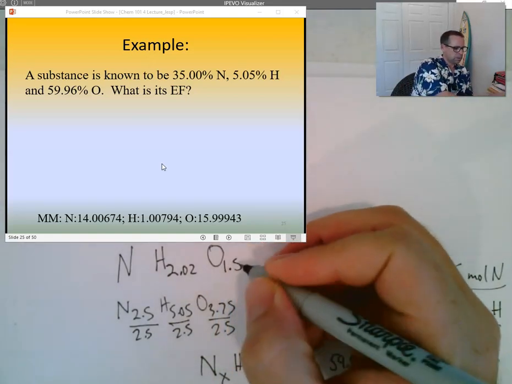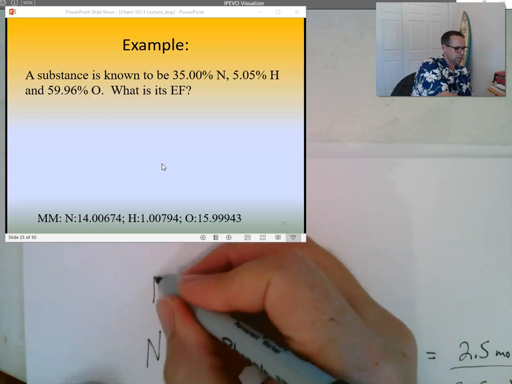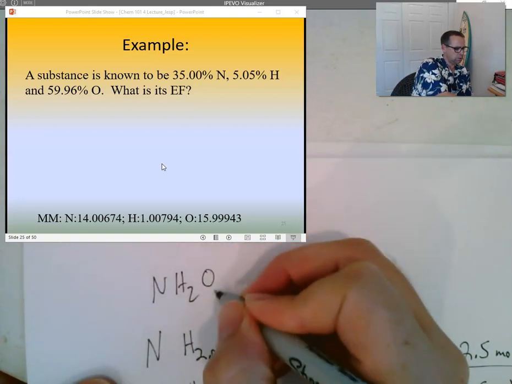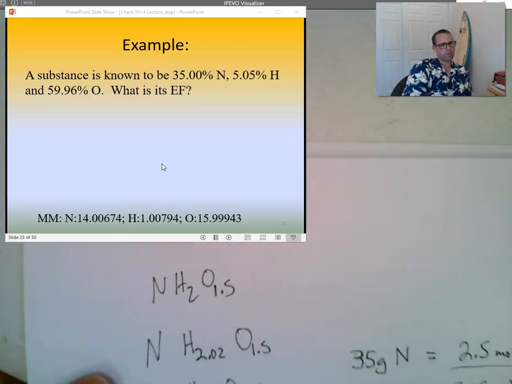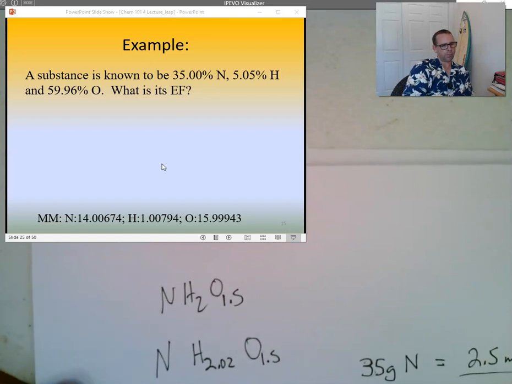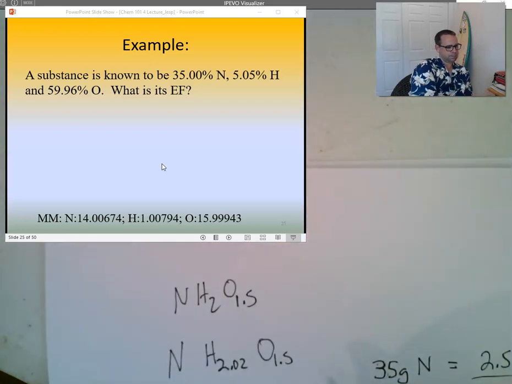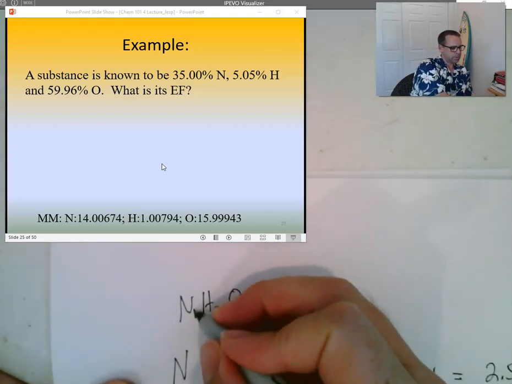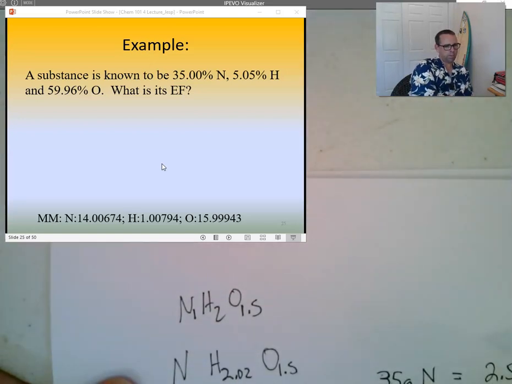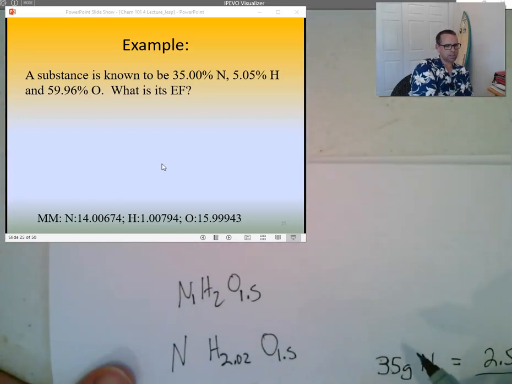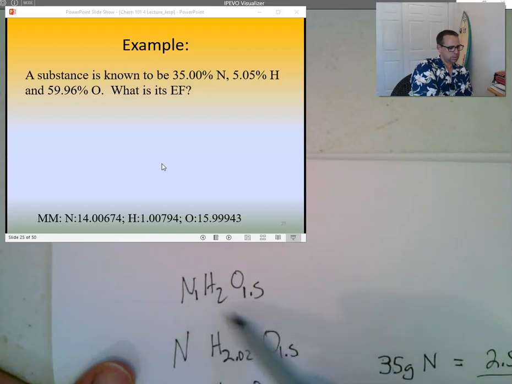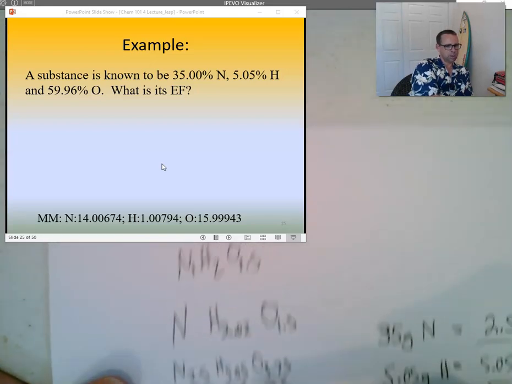1.5. All right, so it looks like we have N H2 O1.5. What do we got to do? Divide it by 1.5? No, this one's 1 already. You just divide by the smallest when you don't have any of them being 1.